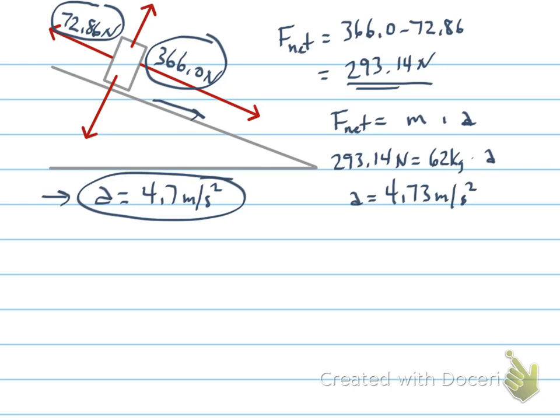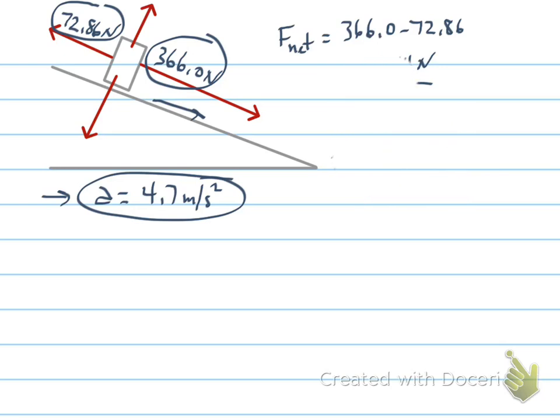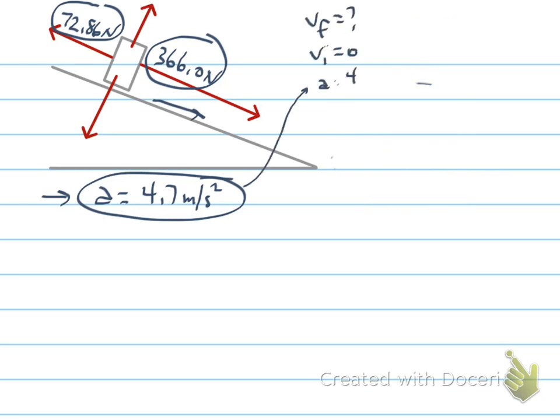The problem added one more question: what would the final velocity be after 5 seconds? To solve this, we want to write down the things that we know: the initial velocity was 0, the acceleration is 4.7, time is 5 seconds, and we're looking for final velocity. To figure out which equation to use, you could look up on the board if you're in the classroom.